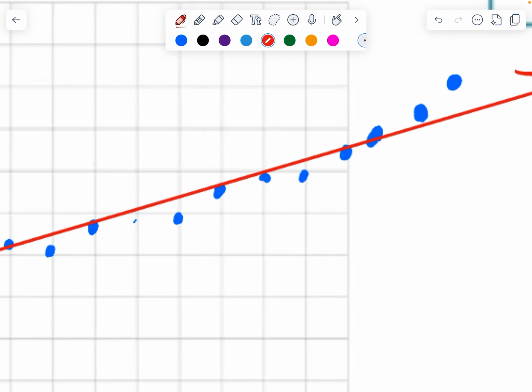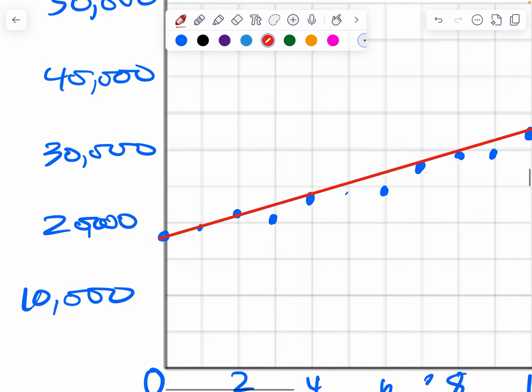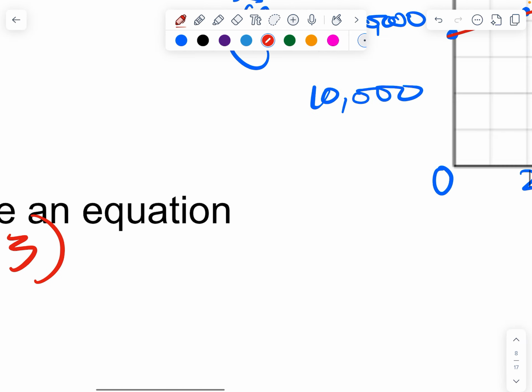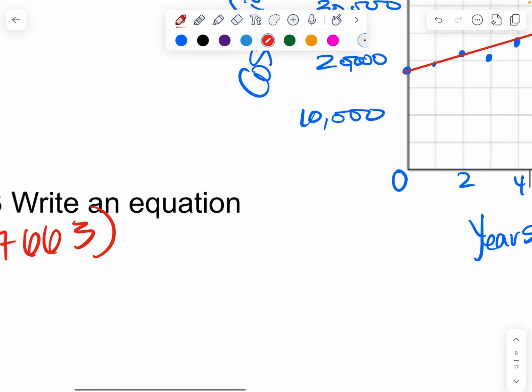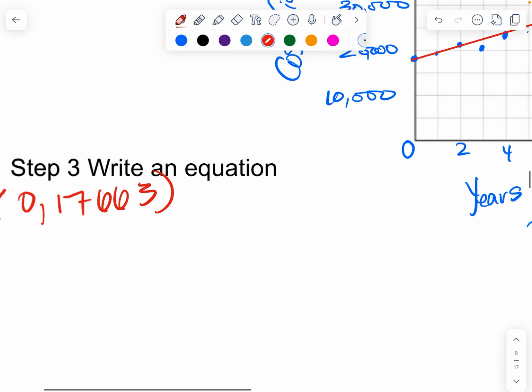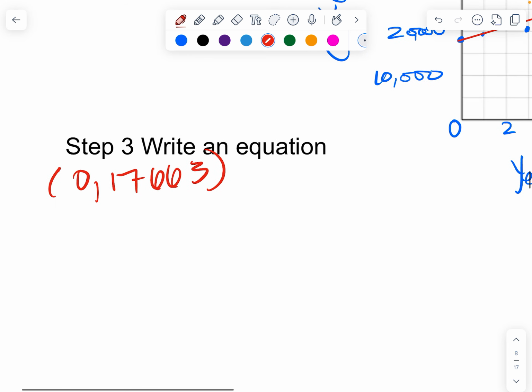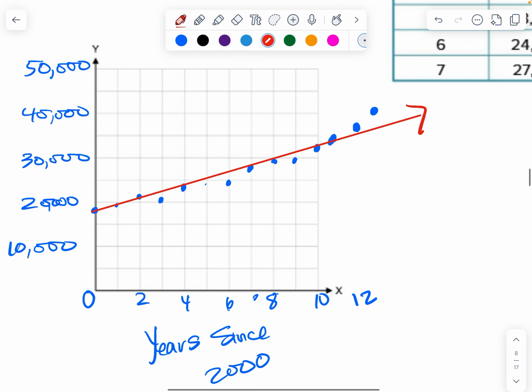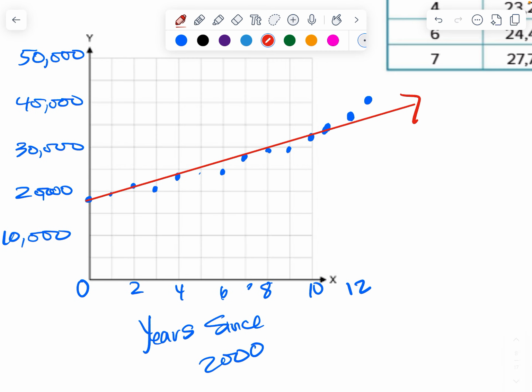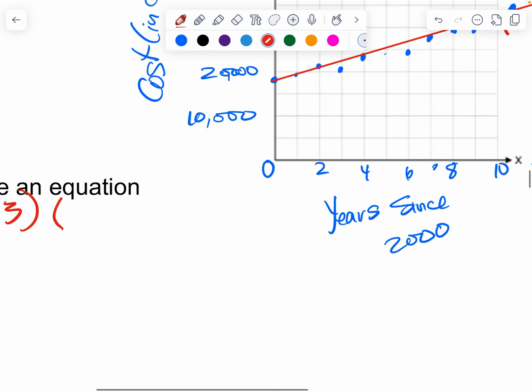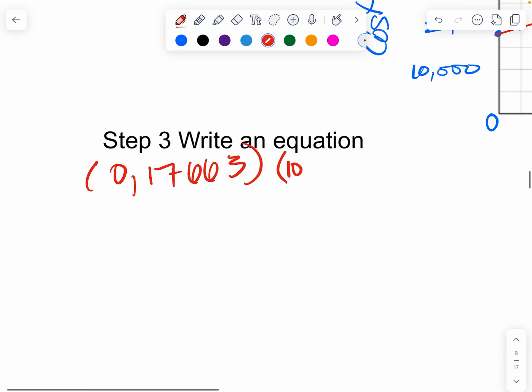And then where does it go through on here? No, let's pick a different number. Let's pick one of these that it's actually hitting. That looks like it's hitting that one, so I'm going to use 10. There we go. That'll be good. 10, and it's 32,752. Oh, sorry, you can't see what I'm looking at.